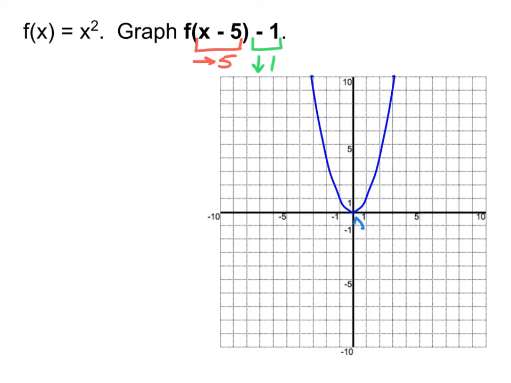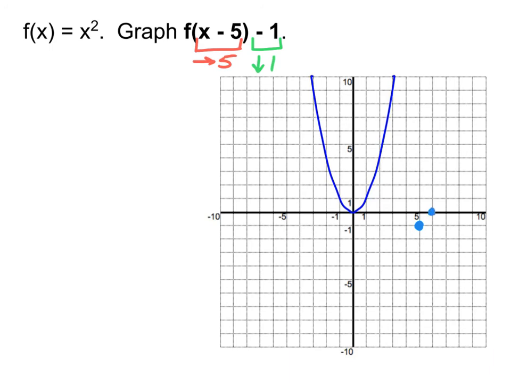Notice I've got a point right here at 0, 0. I'm going to take that point and move it to the right 5 and down 1. So that point that was at 0, 0 is now going to be there. I like to think of this as my starting point. Remember how, in order to plot the graph of x squared before, I started at 0, 0, and then I said, well, 1 squared is 1, so I go over 1, up 1.